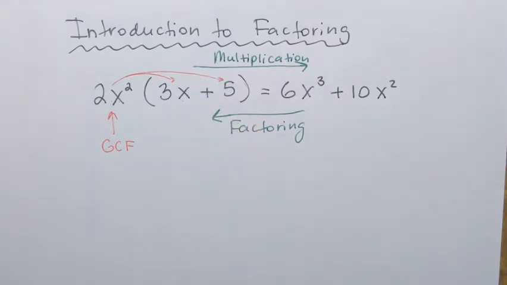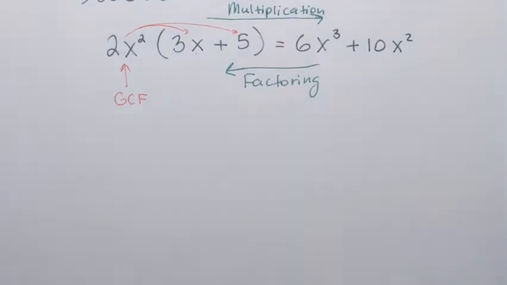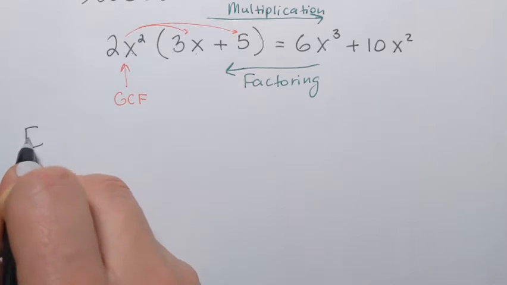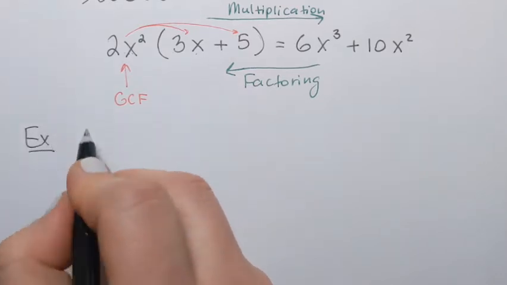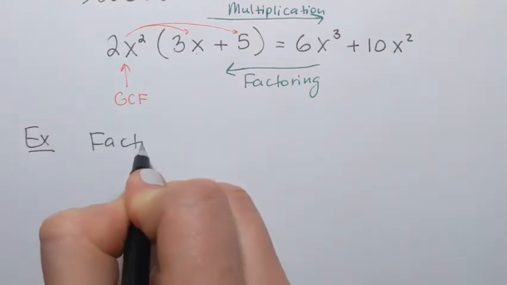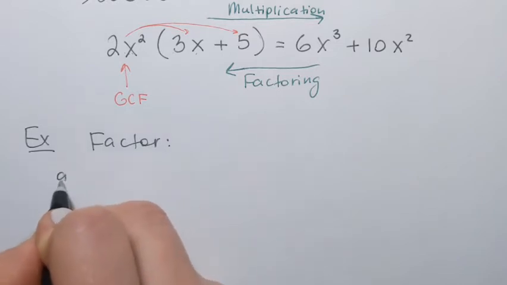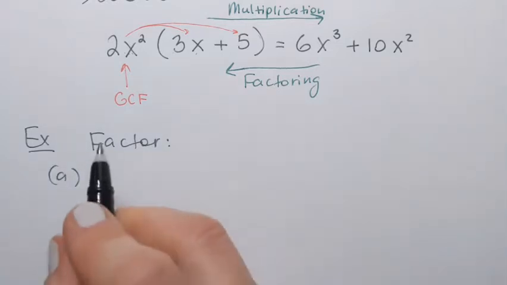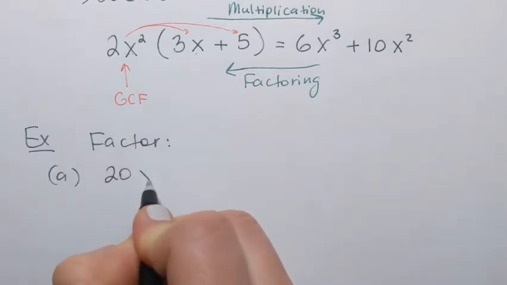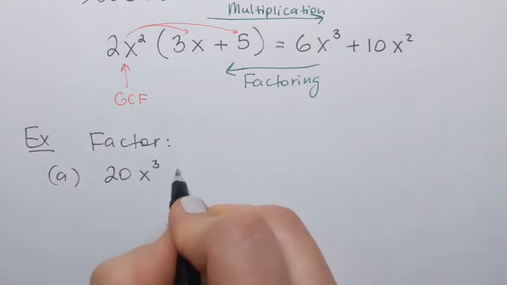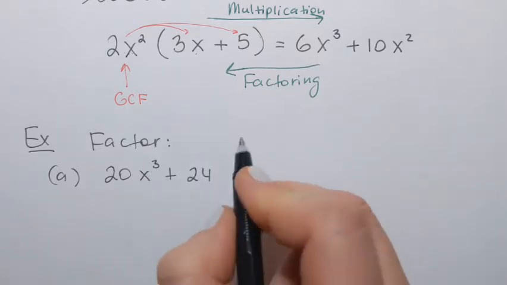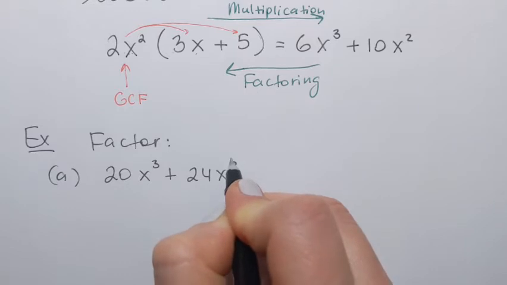Well, let's see an example and it will help us to understand the entire process. Let's do an example where we're going to be asked to factor. We're going to look at a few. So the first one is 20x to the third power plus 24x to the fifth power.